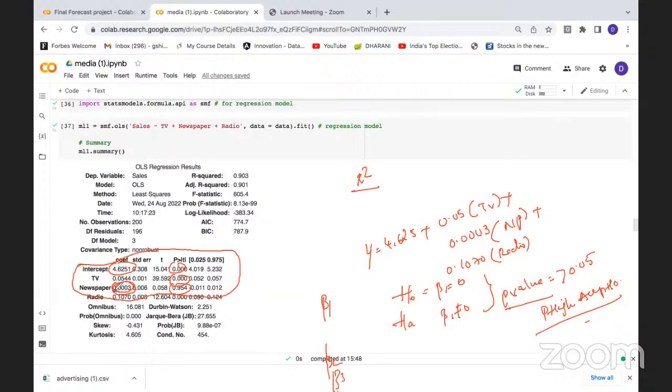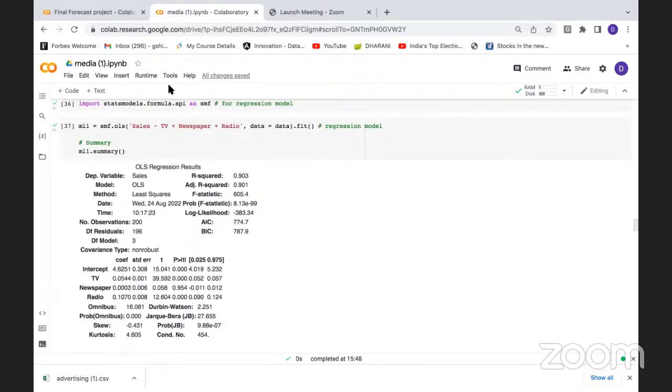Newspaper is negligible; it is in no way important to our sales. But for the other values, p values are very, very low. So p low, null should go, and you have to accept these values, beta naught, beta 1 values. This is how the equation comes.